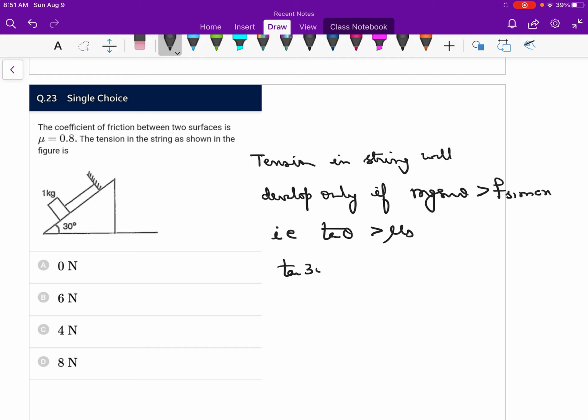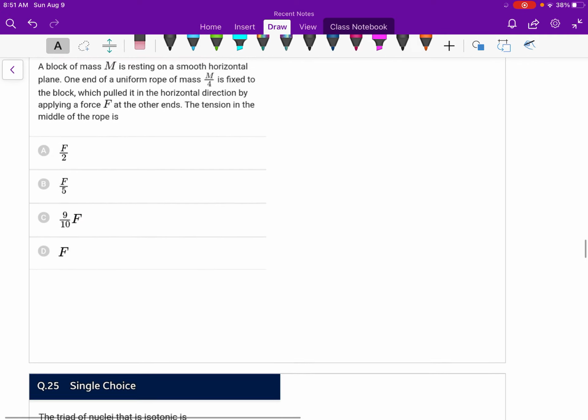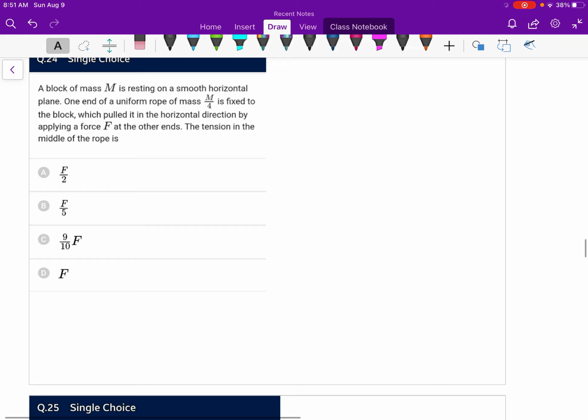In this case, tan 30 degrees is 1 upon root 3, which is root 3 by 3, which is 1.73 upon 3. Of course, this is less than 0.6. So tan 30 degrees is less than mu s, so the tension is 0. So A, 0.